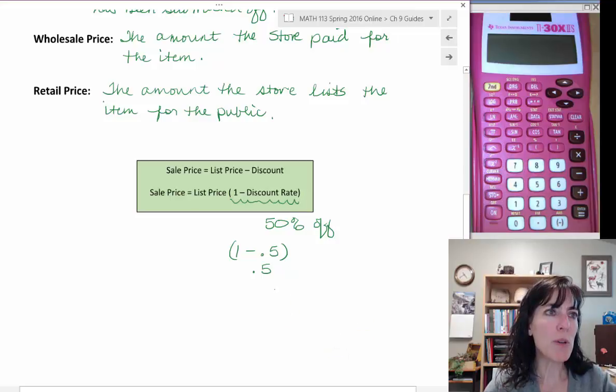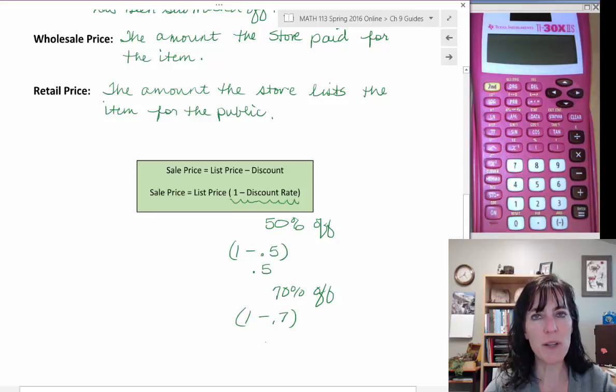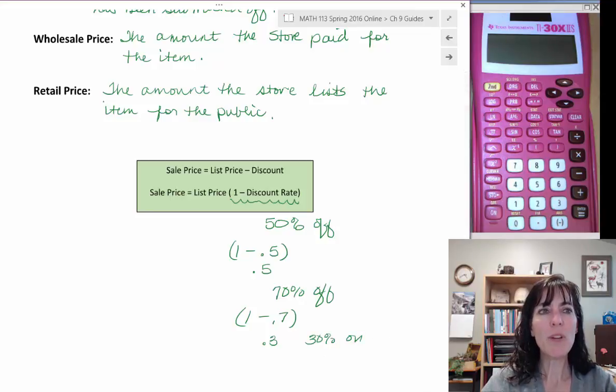And for example, if you did 70% off, then that would be 1 minus 0.7, because that would be the equivalent of 70% as a decimal. And when you subtract those, you get 0.3. And so remember, that's 30% on. Okay, so that's what's going on with this little piece right here.